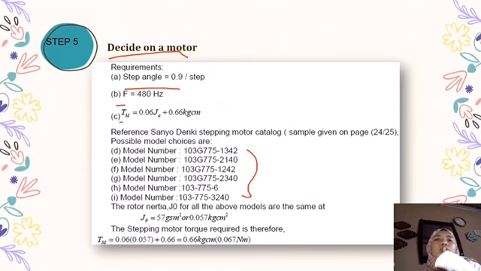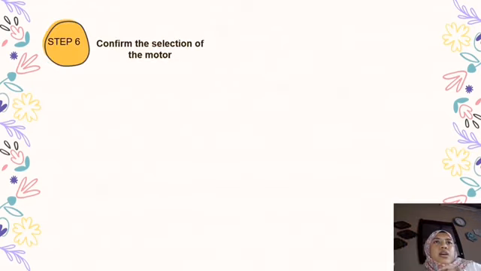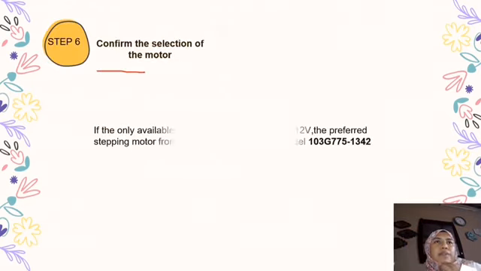The stepping motor torque required is therefore TM equal to 0.06 in the bracket of 0.057 plus 0.66 equal to 0.66 kilogram centimeter, which is in the bracket 0.067 Newton meter. So the last step is confirm the selection of the motor.